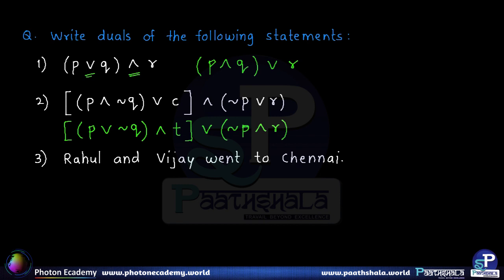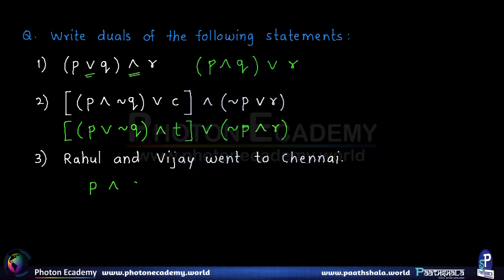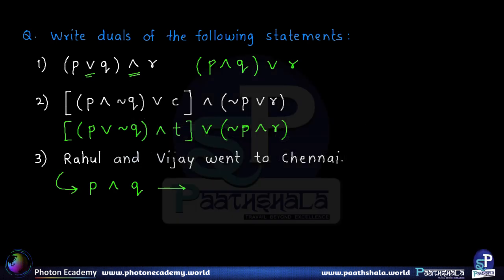In the third one we are given a verbal statement, that is, Rahul and Vijay went to Chennai. This comprises two simple statements, P and Q, where P indicates the statement Rahul went to Chennai and Q indicates the statement that Vijay went to Chennai. Since the original statement has AND, we write it as P and Q. Therefore its dual becomes P or Q, because we merely replace AND with OR.